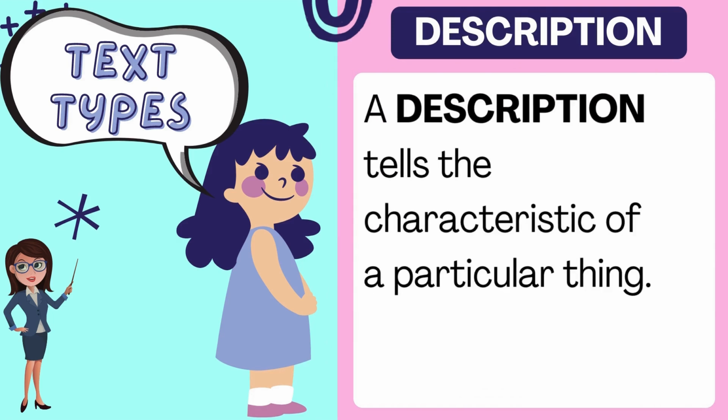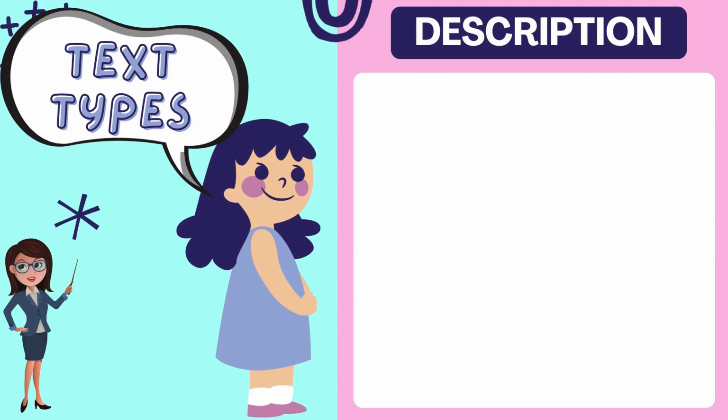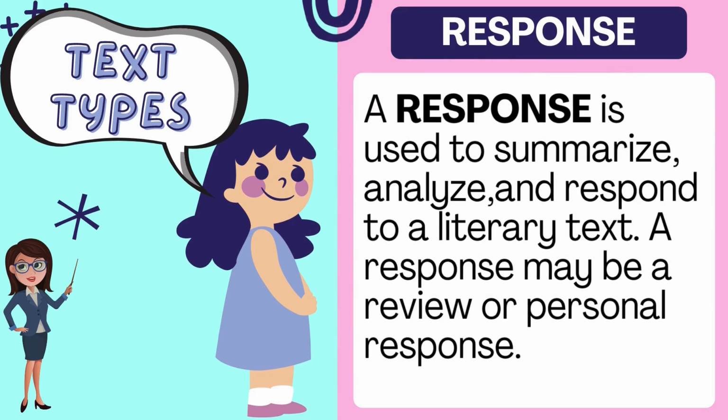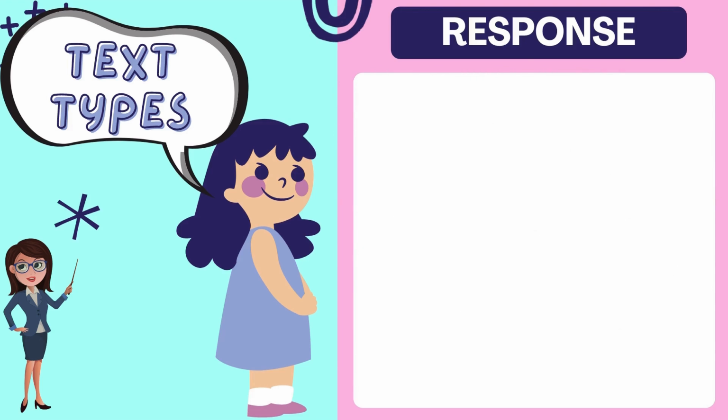Description. A description tells the characteristic of a particular thing. Response. A response is used to summarize, analyze, and respond to a literary text. A response may be a review or personal response.